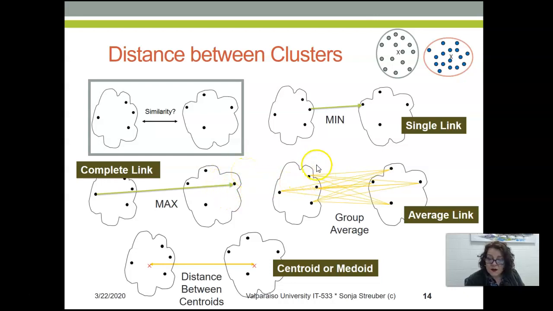We can also calculate the group averages, that is the average distance, that's what we call the average link, or, and this is one of the most popular methods, we can calculate the centers of each cluster, either with a mathematical calculation, that's when we call it a centroid, or by looking for the data point that is closest to the mathematical center of our cluster, and that's what we then call our medoid.